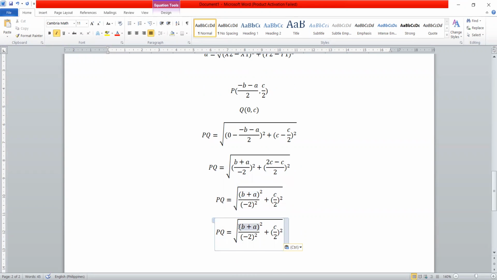Simplifying this further, the numerator will become b squared plus 2ab plus a squared. And for your denominator, 2 squared is 4.